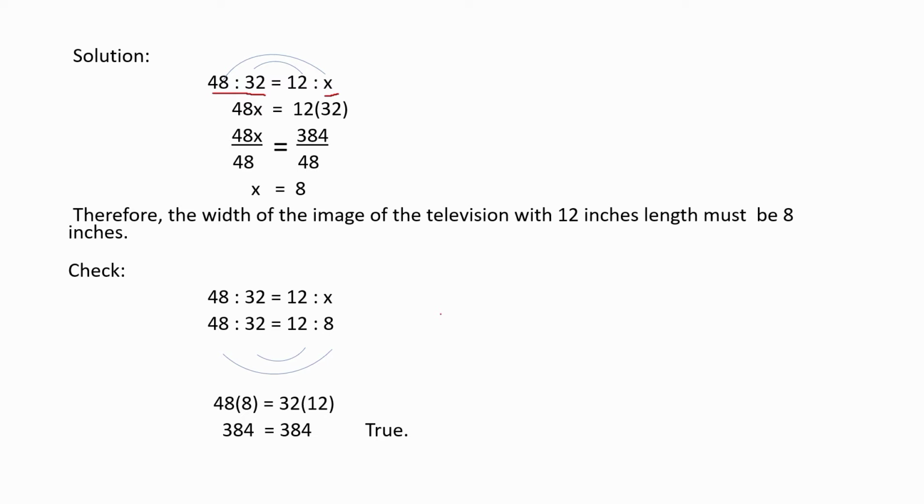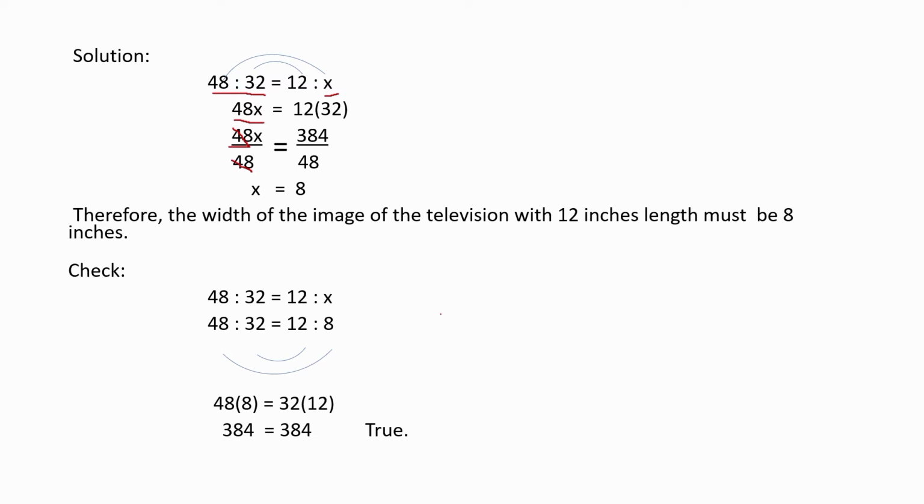The extremes are 48 times x, so we have 48x, and 12 times 32. Now to solve for x, we're going to eliminate this 48, so divide both sides by 48. We can cancel 48 and 48, so we only have x, because 48 divided by 48 is equal to 1.